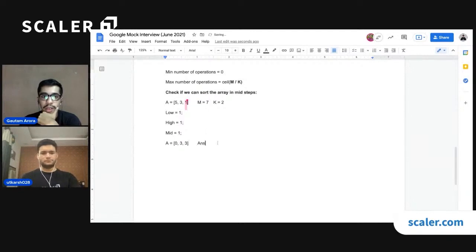So now we can easily return the answer as 1. So the minimum operations required to sort this array is 1. After this, low has now bypassed high, and now we'll stop our binary search.